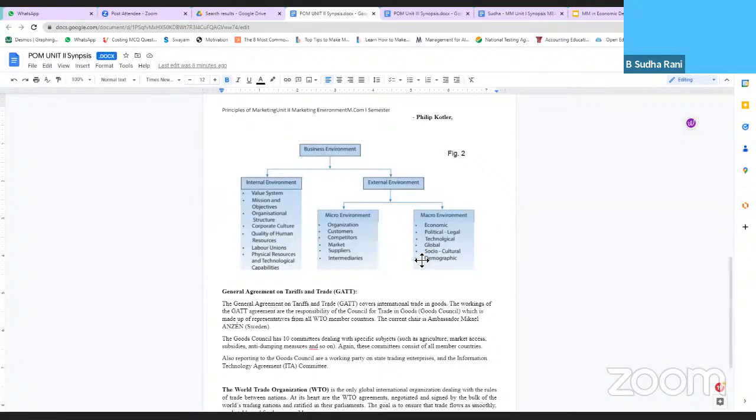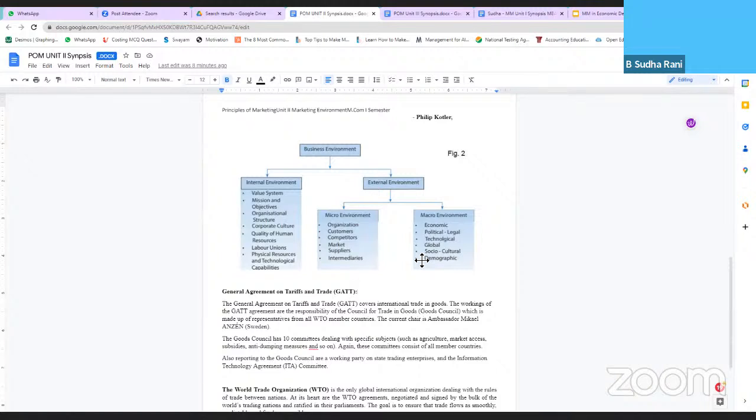Understood? Competitor, yes, is an outsider, but when you are doing business based on your competitor, you can make your own strategies, upgrade your objectives, upgrade your strategies, make your own planning, right? That is the reason why my competitors are a micro environmental factor.